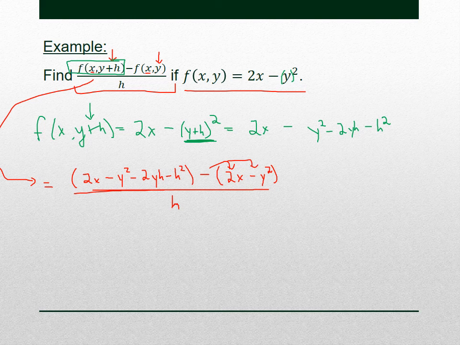So that should be something you're familiar with after doing it just now, and hopefully remembering us doing it before. So what does that look like? Well, if we distribute this negative sign through, what do we get? Well, we get that we have a minus 2x, but then it's going to be plus y squared.